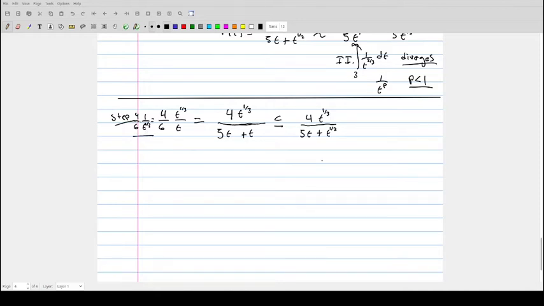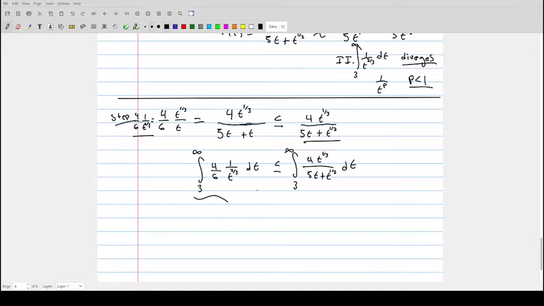So this function will always be less than or equal to the original function. It's actually strictly less. And so from the direct comparison test, the integral of the function 4/6 times 1 over t to the 2/3 will also always be less than or equal to the integral from 3 to infinity of 4t to the 1/3 over 5t plus t to the 1/2.